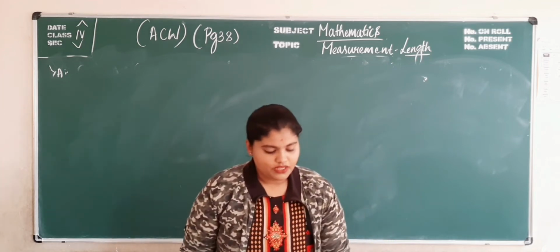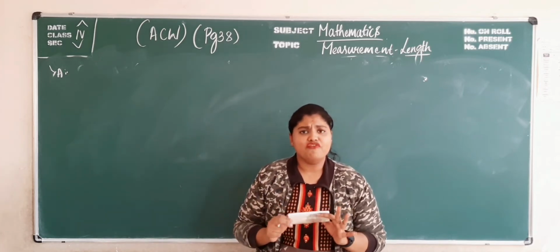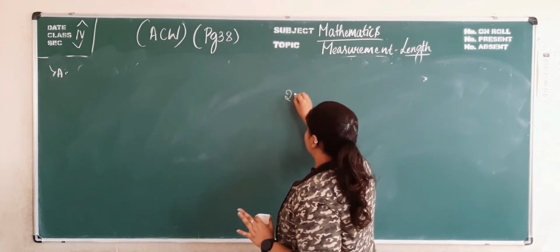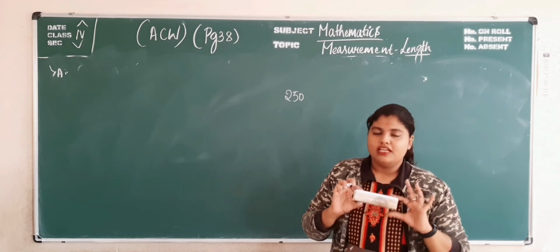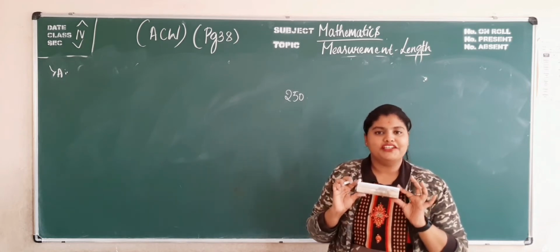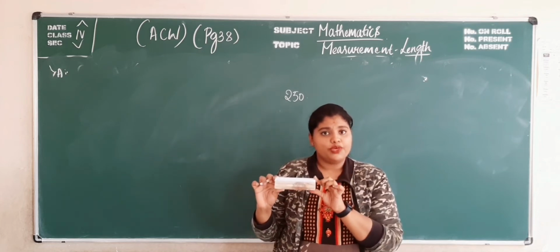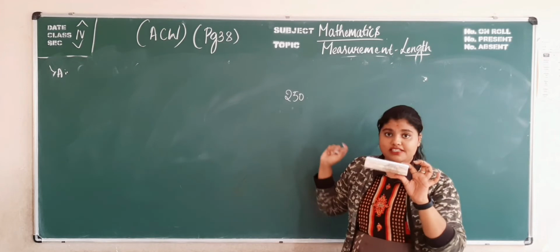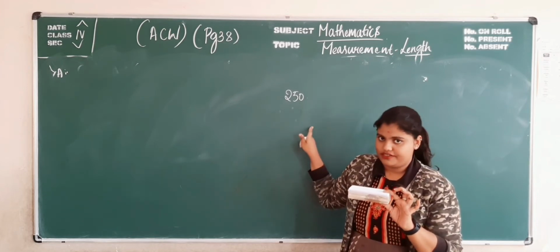For example, if I take this duster, imagine I have booked, don't write this, just an example. Imagine I have booked 250 dusters from Raichur. So from where am I booking? I am booking it from Raichur. How many dusters am I bringing? I am bringing 250 dusters. So what do they do?